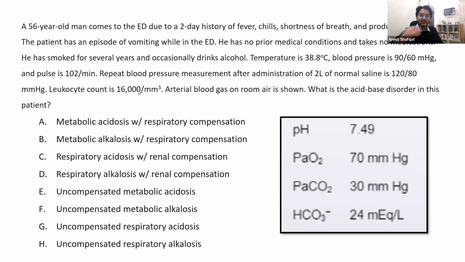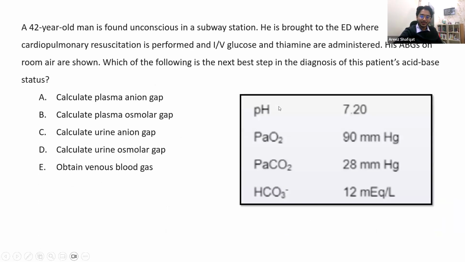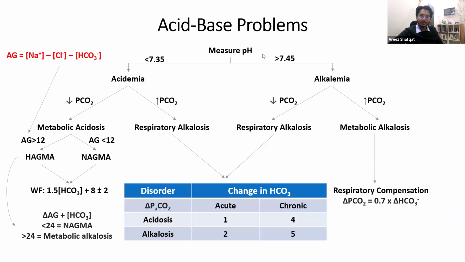What's confusing me is for every 10, there's a drop in 4. I'm confused as to how to apply the numbers in the table. Okay, let me give you an example. Let's say his PCO2 is 30 here.